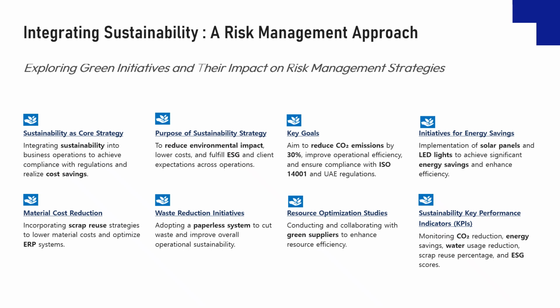Sustainability goals include reducing carbon emissions by 30% using solar energy and reusing materials, by applying tracked KPIs for energy and water use, scrap steel, and ESG scores to ensure ongoing improvement.